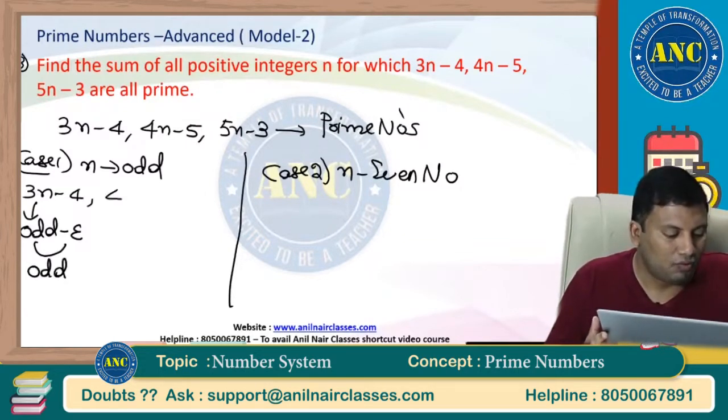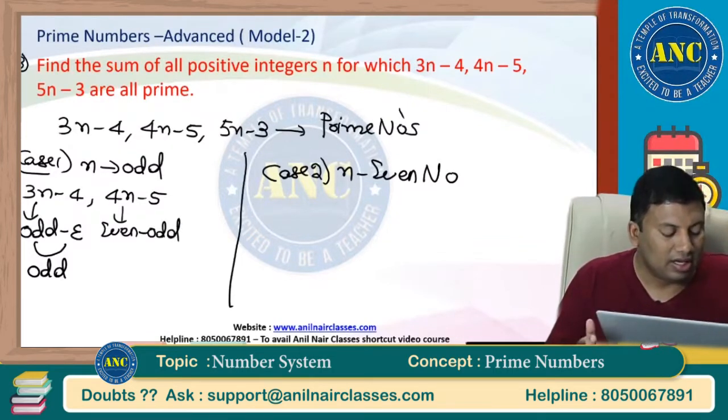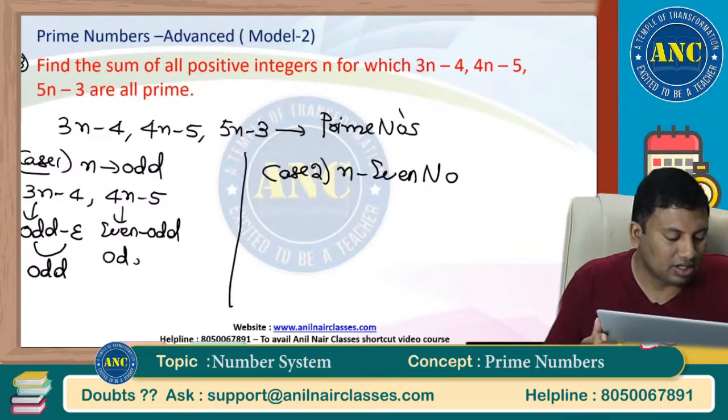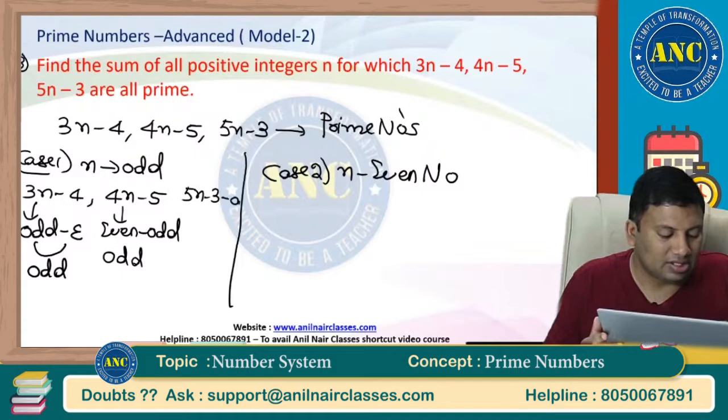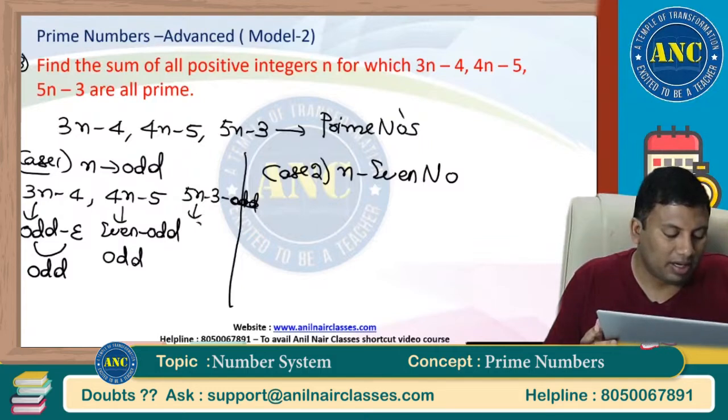Possible. 4n minus 5: odd into even is even, minus 5, odd, so even minus odd is odd. 5n minus 3: odd into odd is odd, odd minus odd is even.